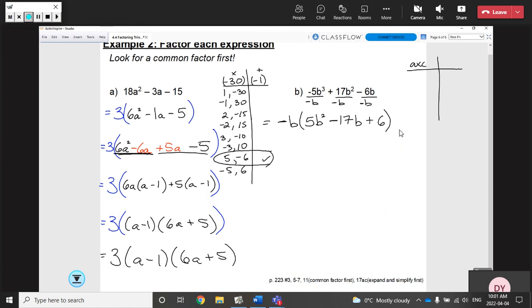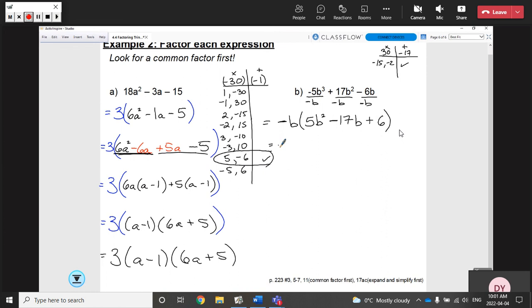So, what are the two numbers here? A times c is 5 times 6, which is 30. The numbers multiply to 30 again, but this time add to negative 17. Does anyone know those two numbers just off the top of their head? Yeah? Negative 15, negative 2, that's the winner.